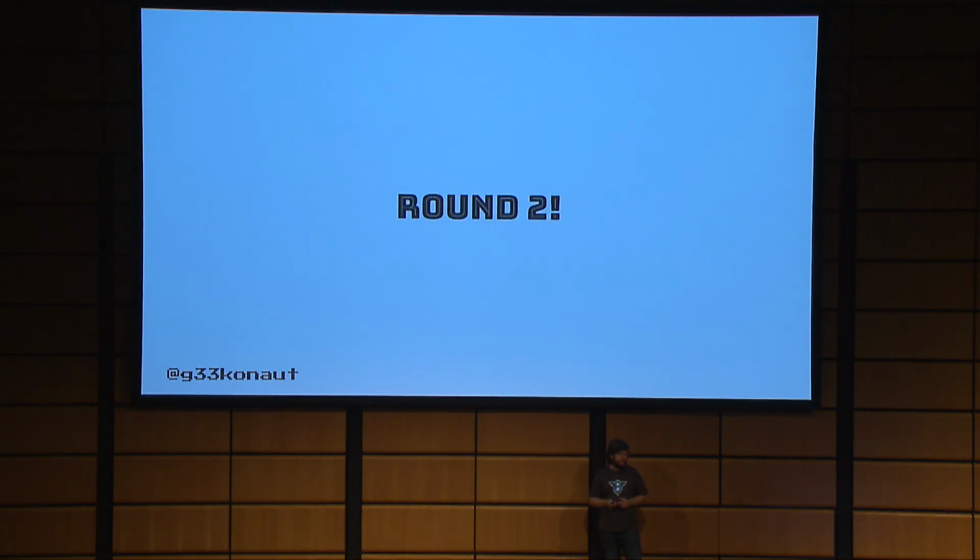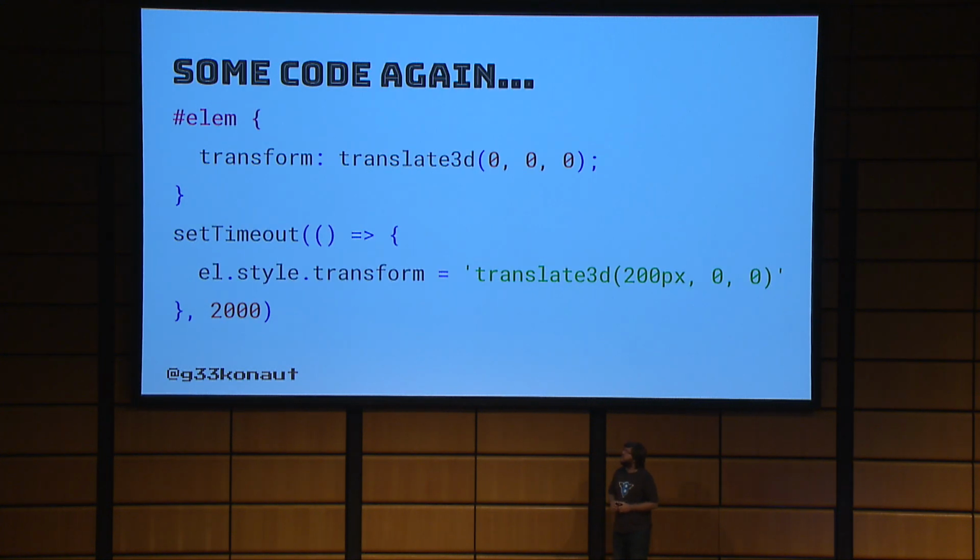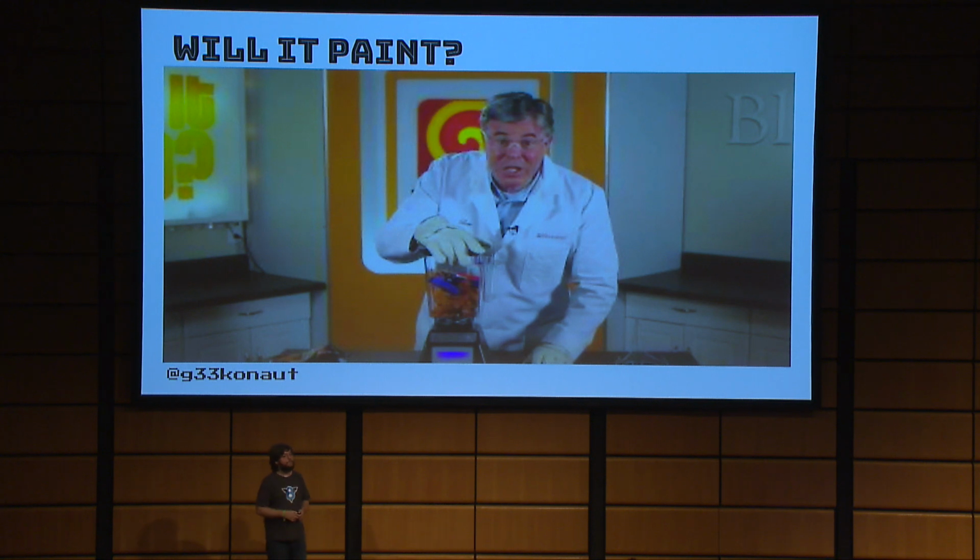OK, let's have a look again. So, slight change in code. Tiny little bit of change. After 2 seconds, we are changing the translation again. Will this paint? Who thinks yes? Who thinks no? Who can tell me why not?